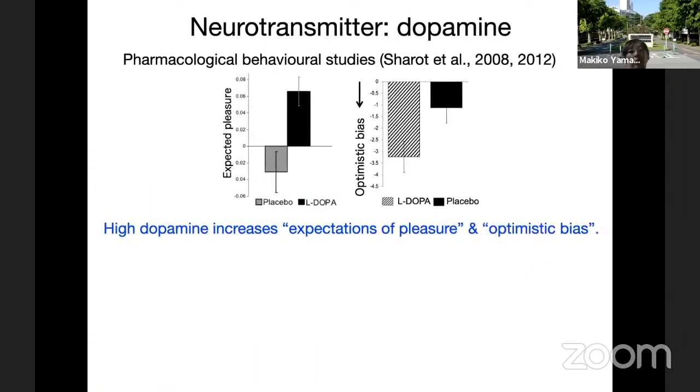And we are focusing on dopamine, and there are several pharmacological behavioral studies conducted by Charlotte indicating dopamine is important for optimistic bias. If we increase the level of dopamine, expectations of pleasure and optimistic bias are enhanced.